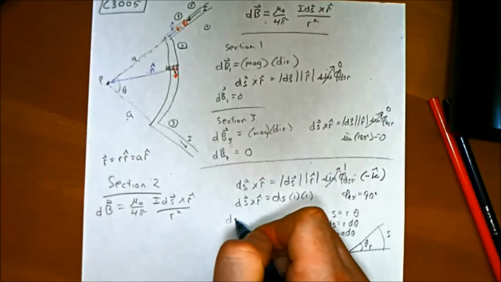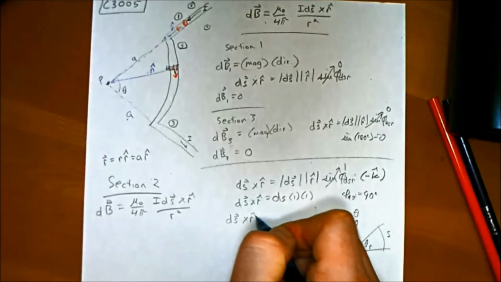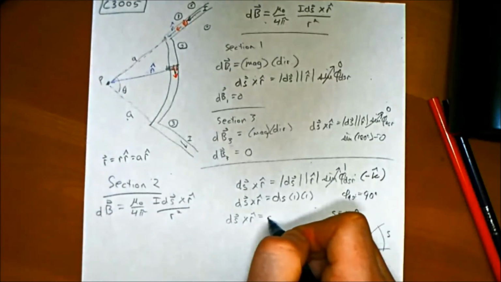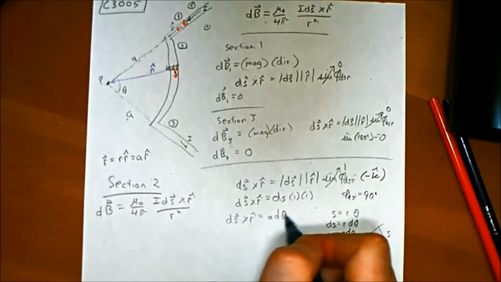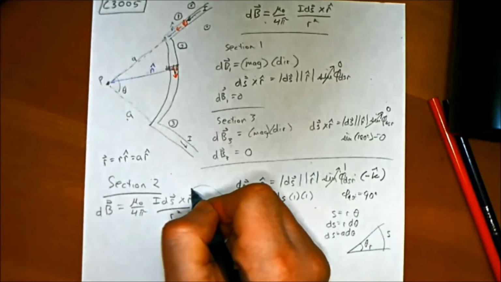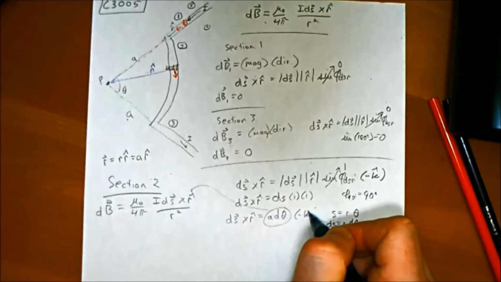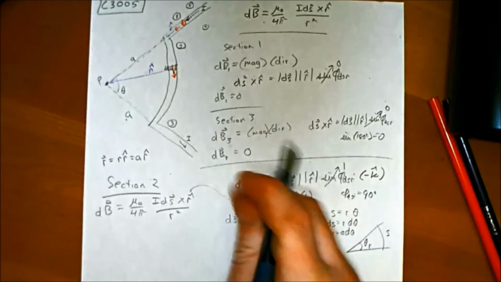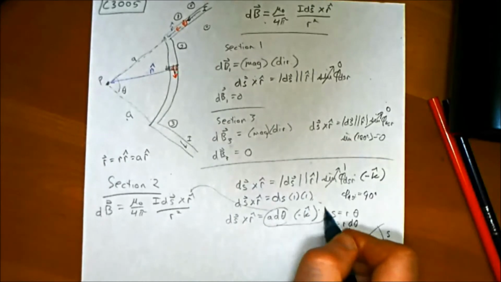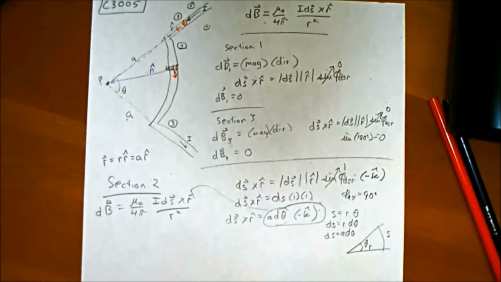So this vector ds cross r hat is equal to a d theta times 1 times 1, and times negative k hat. Forgot that again. So we'll take this whole vector and dump it into Biot-Savart's law right here.